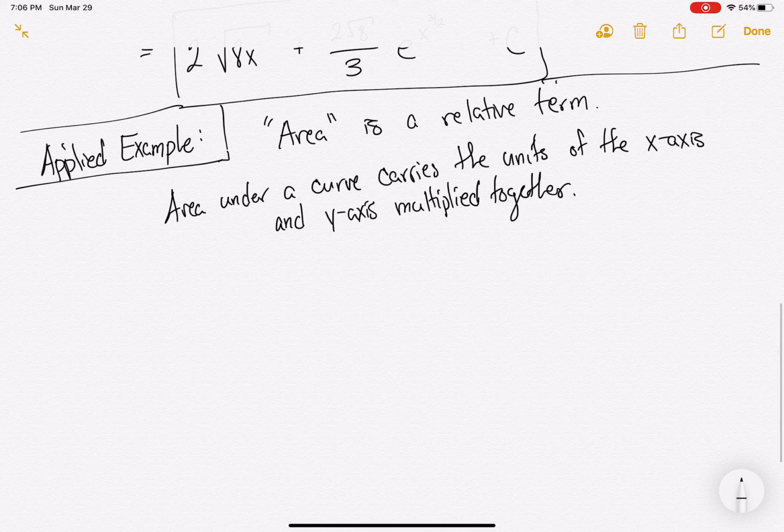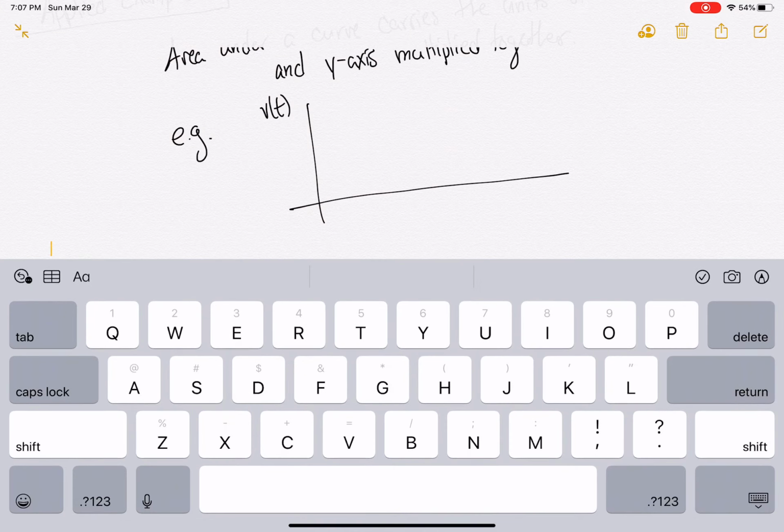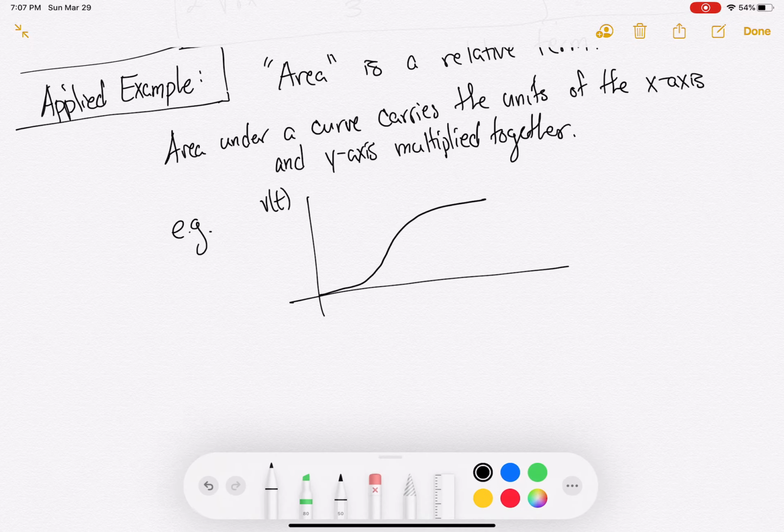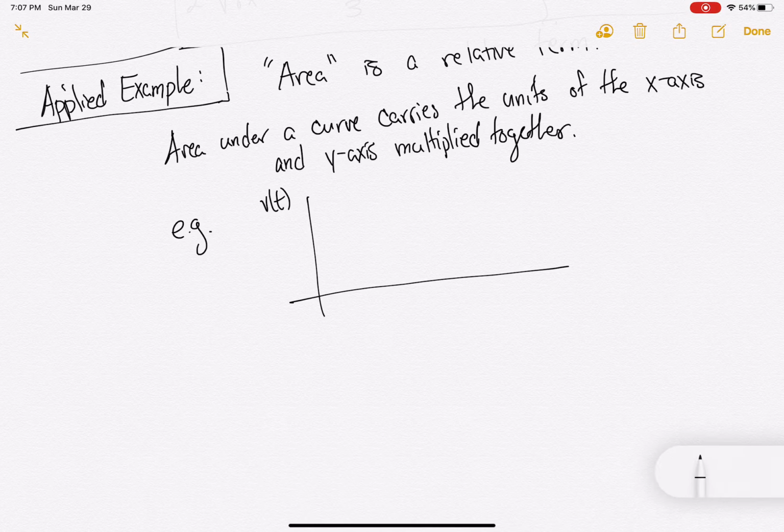So how can we think about that? For example, if I'm given the velocity that a car travels at over time. I want a bell curve here.